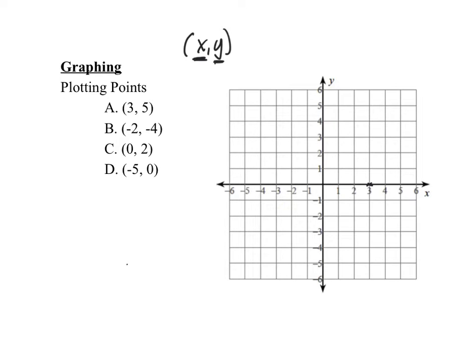That would be 1, 2, 3, 4, 5. So our point is at the intersection of those two spots. I went over 3 to the right, and then I went 5 up. So that is point A.